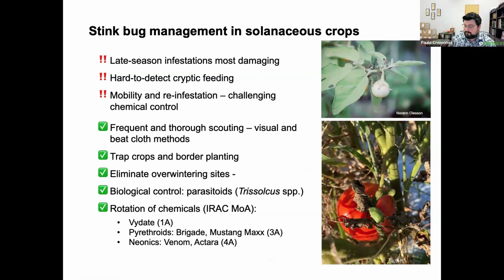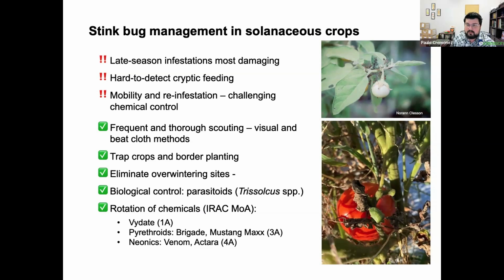So the solution here is to do frequent and thorough scouting, especially in areas where you have historically had problems with stink bugs. You can use visual or beat cloth methods.